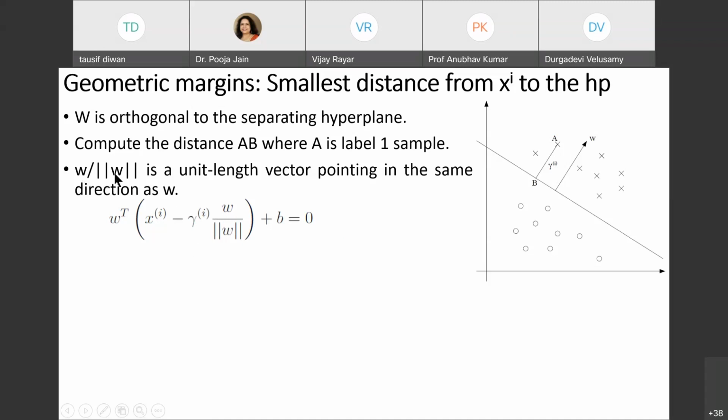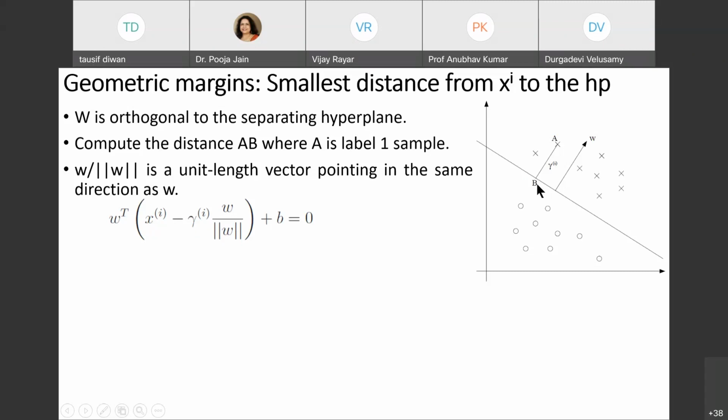The same, W divided by the norm of W. This is the unit length vector. Now this is also a vector and this is also a vector. This entire expression, just look at this bracket, xi minus gamma multiplied by W divided by norm of W, is nothing but your point B, capital B.